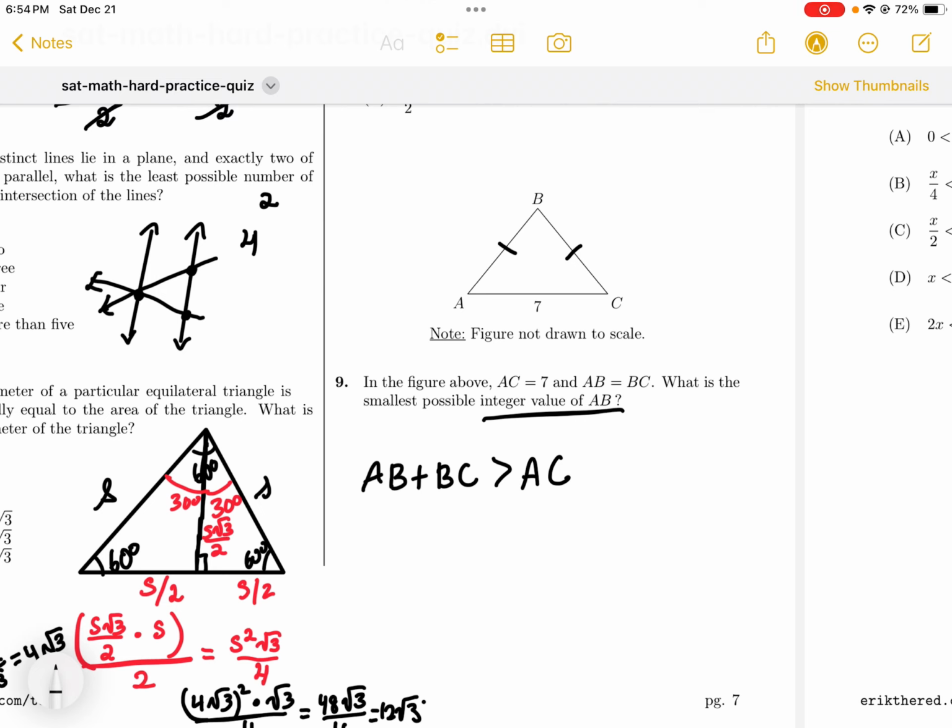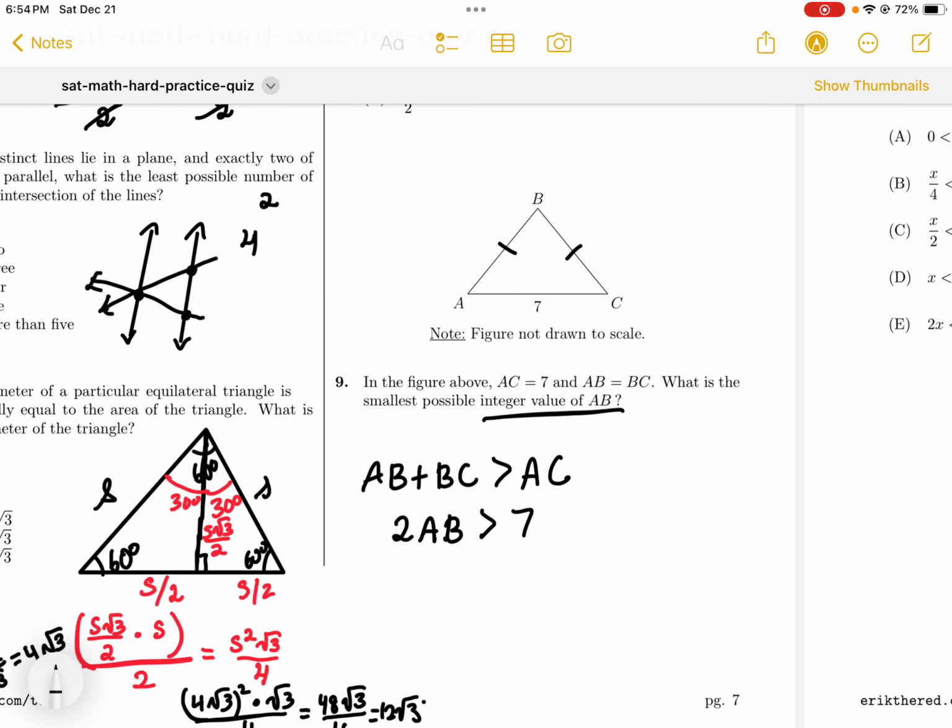So AB plus BC has to be greater than or equal to AC in this case. Now, AB is equal to BC, so AB plus BC is just 2AB, and AC is just 7. So 2AB has to be greater than or equal to 7. Now remember that AB has to be an integer, so that means 2AB is an even integer that has to be bigger than 7.